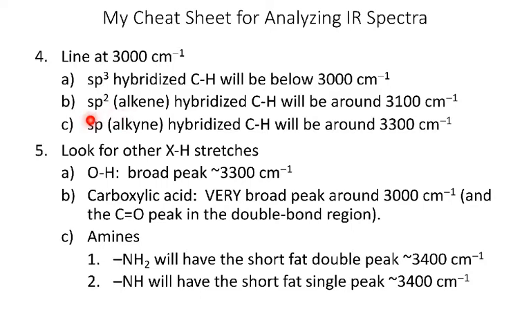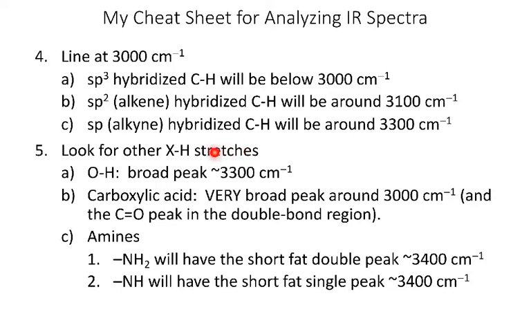And if I have an sp hybridized carbon, that CH stretch is going to be even higher still. So this line at 3000 wave numbers divides the sp3 hybridized carbons, which is most of them, and if I see peaks somewhat above that or a little bit higher still, that's evidence that there may be an alkene or an alkyne, and I can pair that up with whether I saw a double bond stretch or a triple bond stretch at lower frequencies.